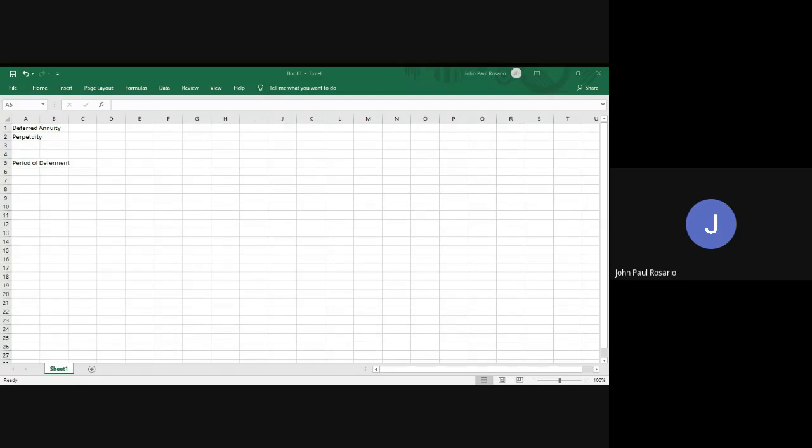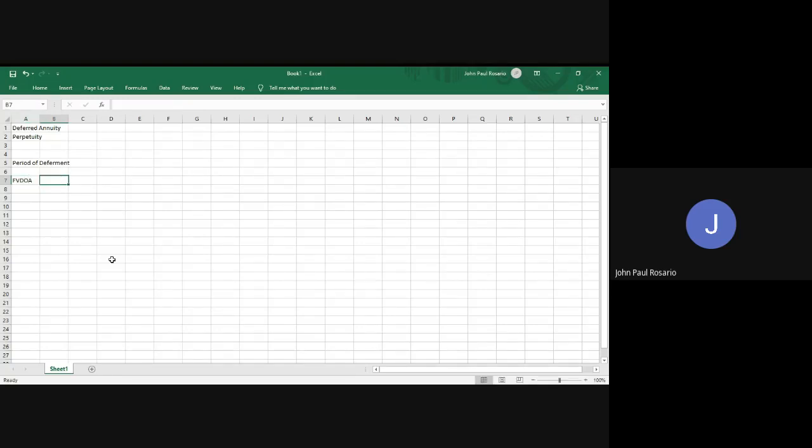Sige, let's start with future value of deferred annuity. Deferred ordinary annuity.